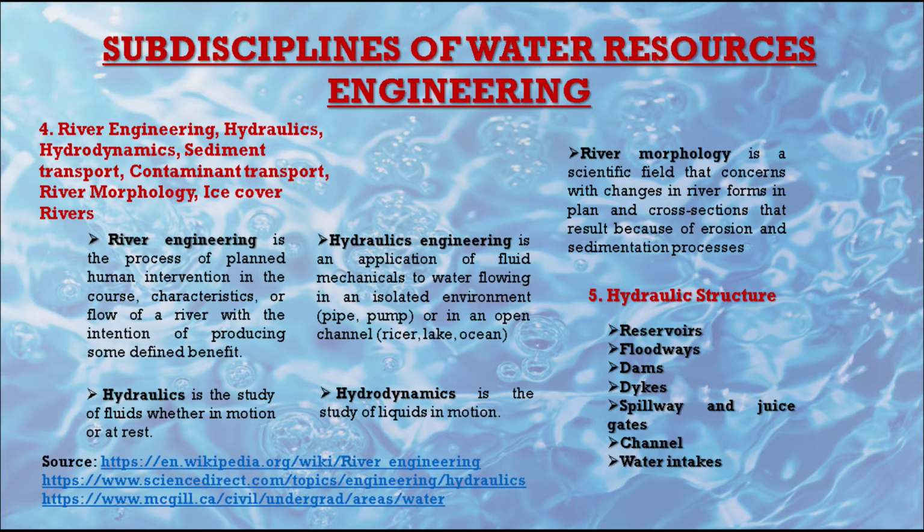River morphology is a scientific field that is concerned with changes in river forms in plan and cross-sections that result because of erosion and sedimentation processes.